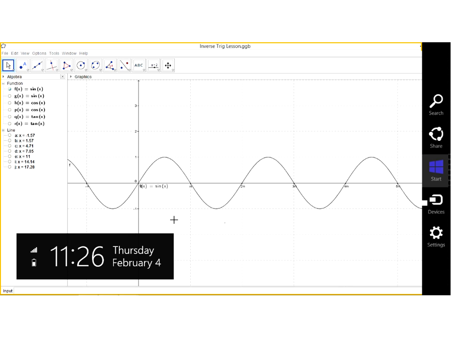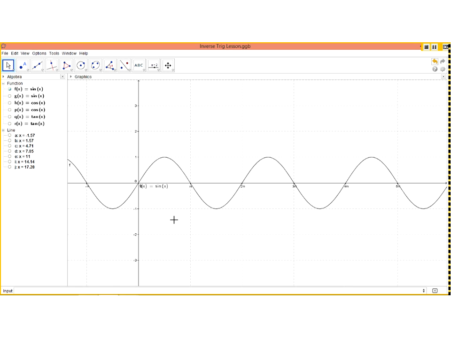I want it to be a connected interval, and I want it to either contain 0 or be as close to 0 as possible. So if I look at sine, that would be this part. So I throw away the rest of it. And so the domain for sine that I'm going to use is -π/2 to π/2, and my range is -1 to 1.